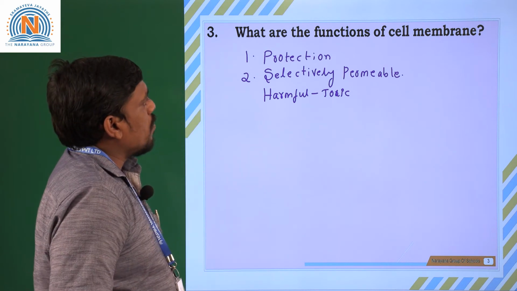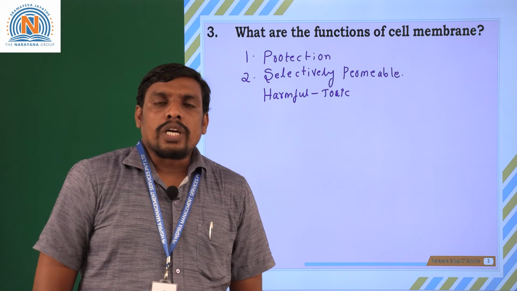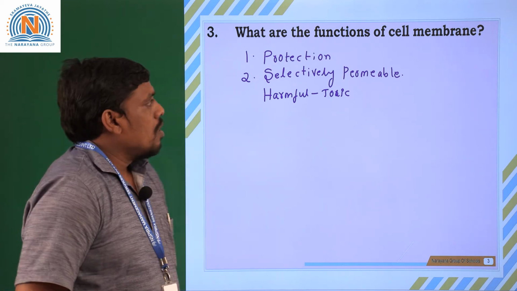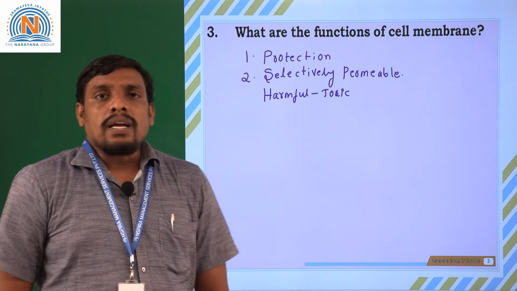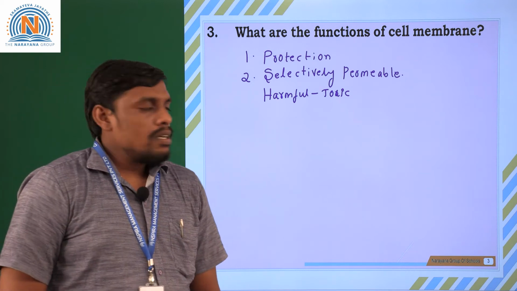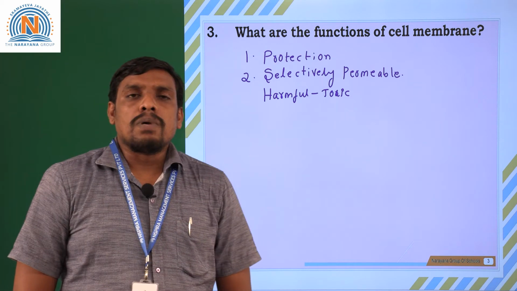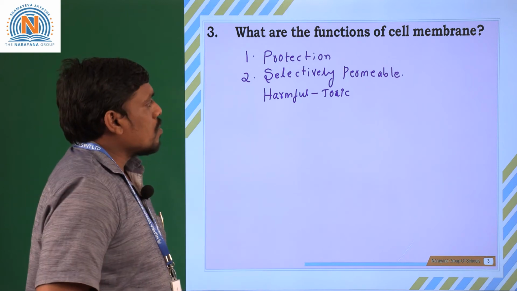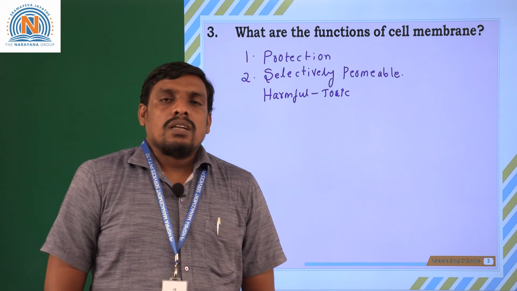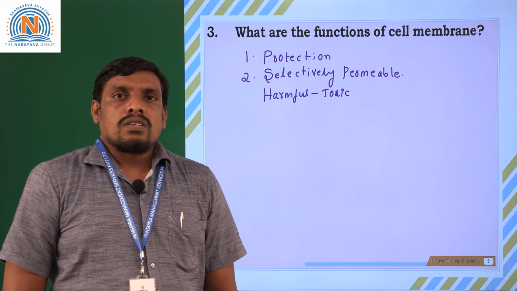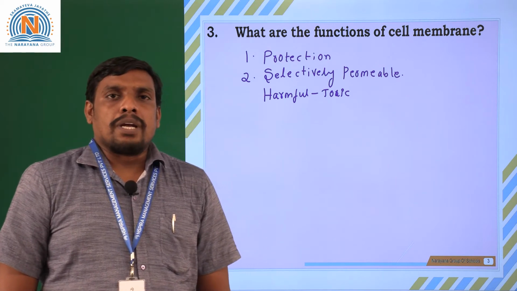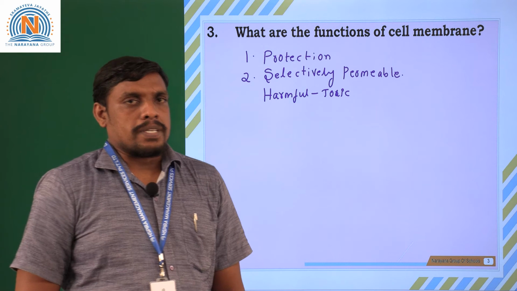Because of these two functions, the cell gets certain advantages, isn't it? The first advantage of having a cell membrane is that the cell gets protected. Second, it's a selectively permeable membrane, which means it doesn't allow harmful substances like toxic substances. So the cell gets protected by the cell membrane without allowing toxic substances.